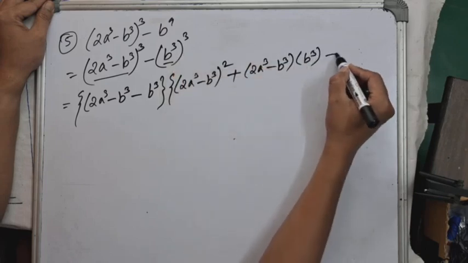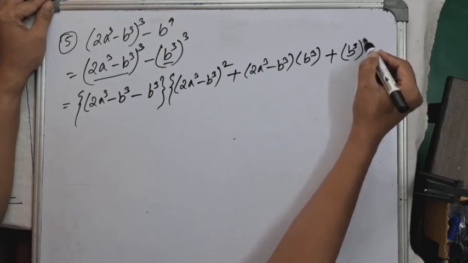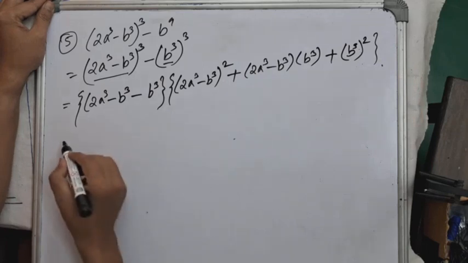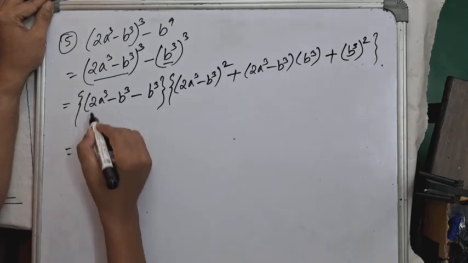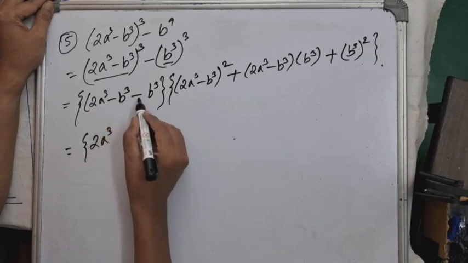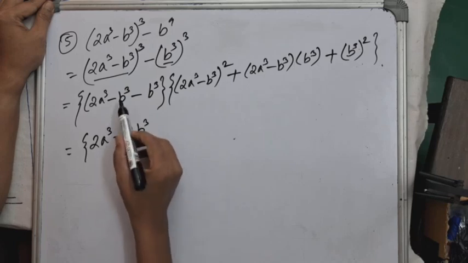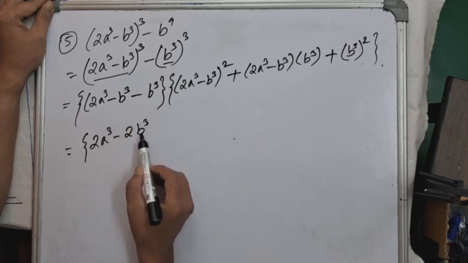B squared means b cubed squared. Now this 2a cube we write here as it is, minus b cube is minus 2b cube.